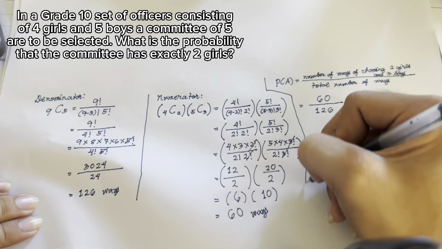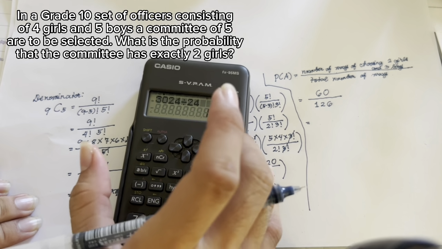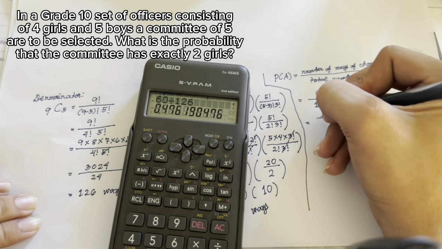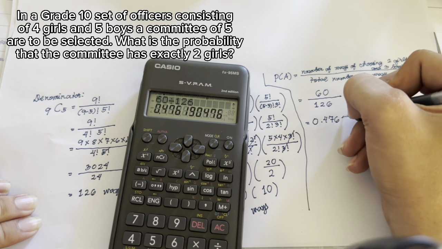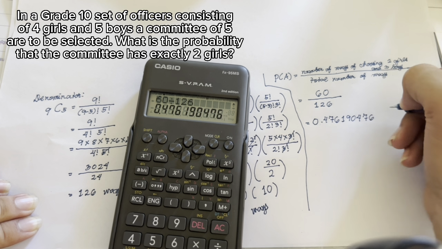I drew a line here so it won't be confusing. Let's divide. 60 divided by 126 equals 0.476190476. Then, multiply it by 100%.